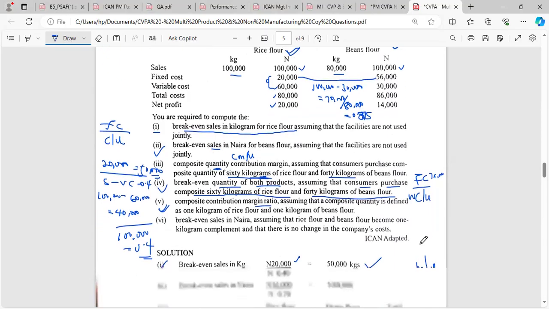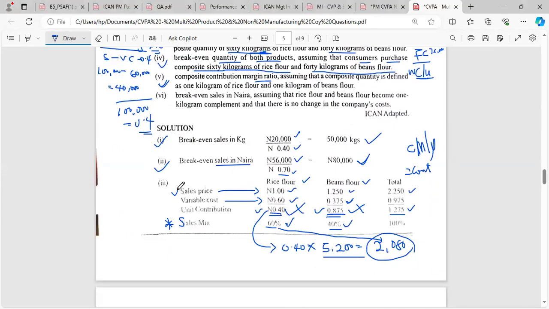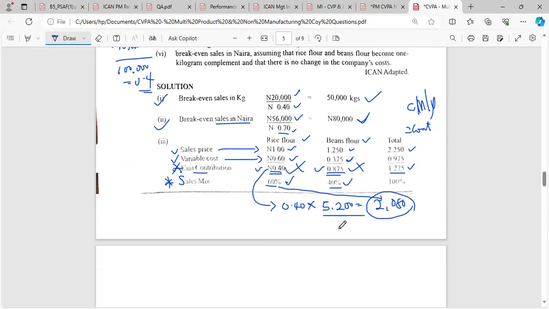Okay, good. What about our contribution per unit? It is what they are calling contribution margin here, which we solved. Contribution per unit simply means sales minus variable cost. We are supposed to stop here, all things being equal, but you cannot stop here because it is two products, and ICAN has given you the portion of sharing.